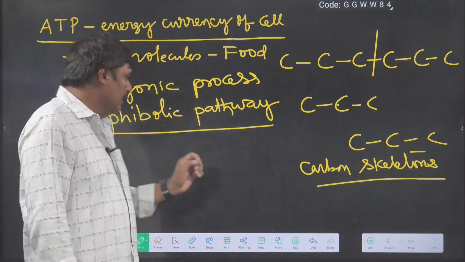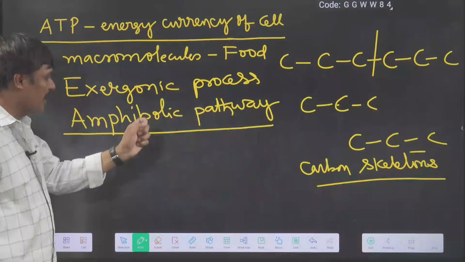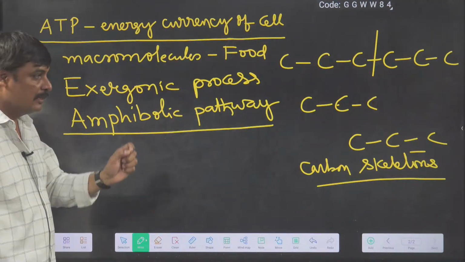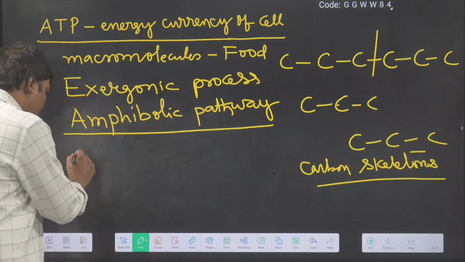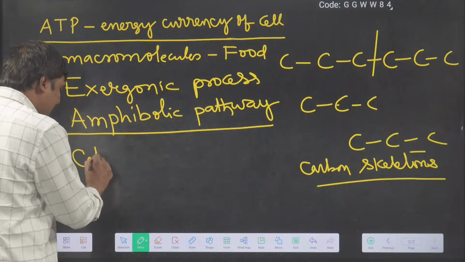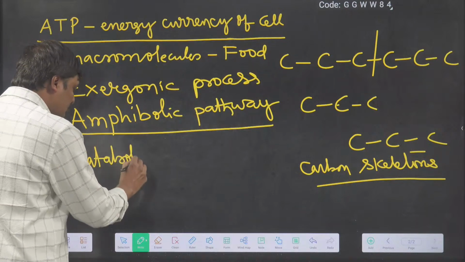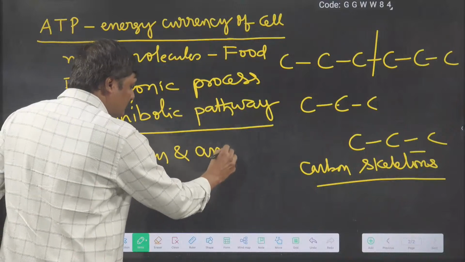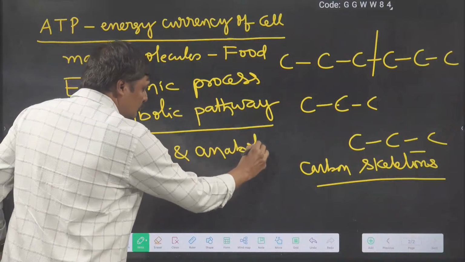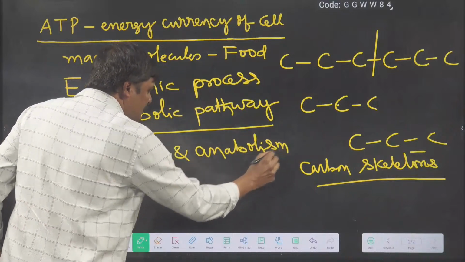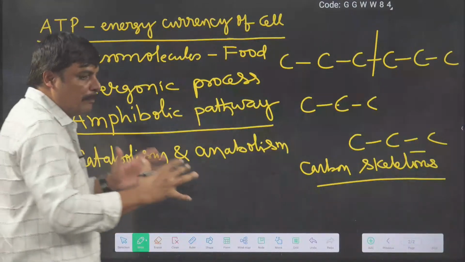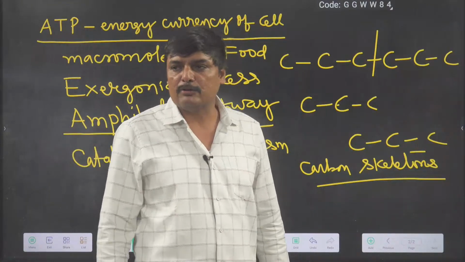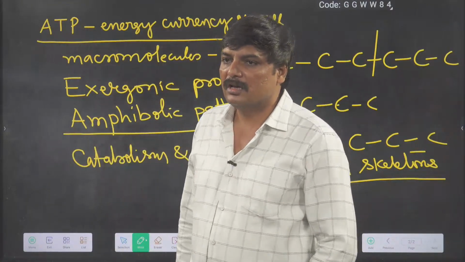Therefore, respiration is called an amphibolic process because it involves both catabolism and anabolism. Catabolism means breakdown of complex molecules into simple molecules.